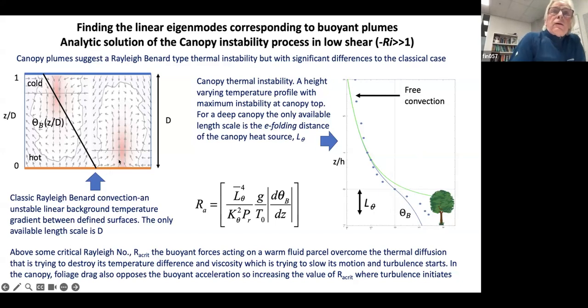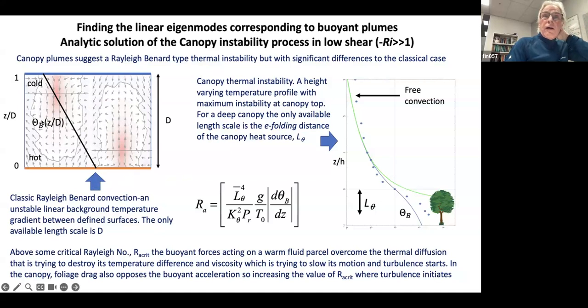That's a bit like a Rayleigh-Benard convection situation where we have a hot plate and a cold plate separated by some distance d, the fluid in between, a linear temperature profile. And as we increase that temperature difference, eventually molecular diffusion can't keep up with trying to dissipate the temperature difference. And so we start to see these large Rayleigh-Benard convection cells.